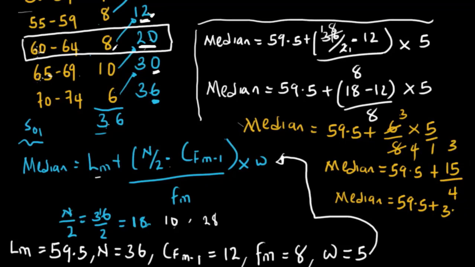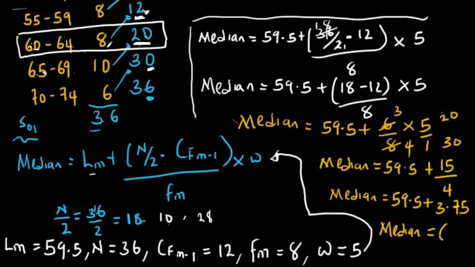We put the decimal point here. Add 0. 4 in 30 is 7, remainder 2. If I add 0, 4 in 20 will give us 5. So it then means we'll be having median equals 59.5 plus 3.75, which gives me 63.25. And here's our median.